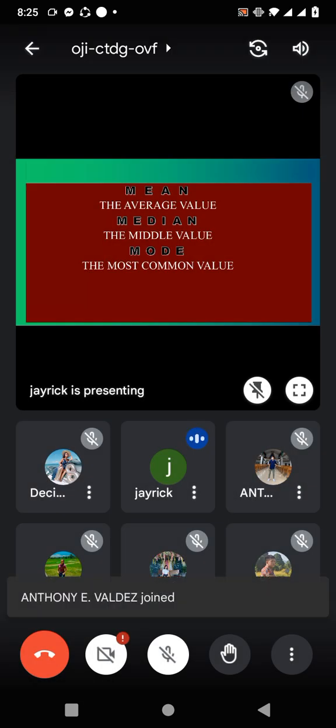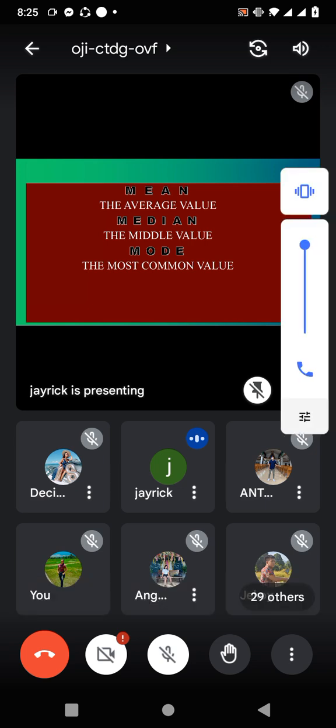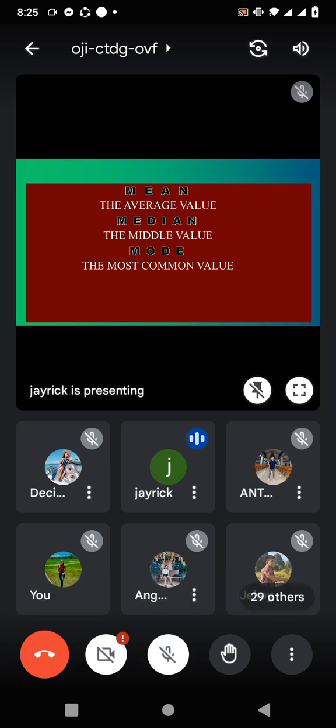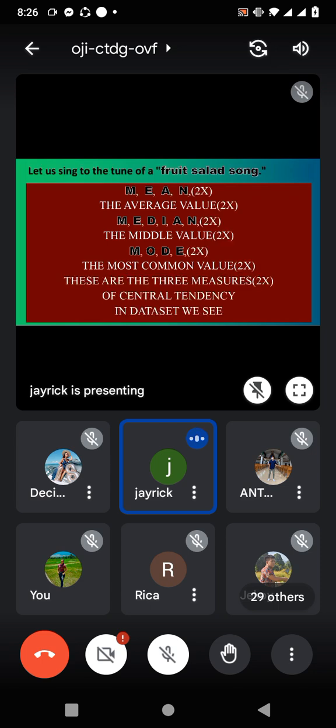Can you see now the projected image? Okay, very good. You have to sing to the tune of the fruit salad song.